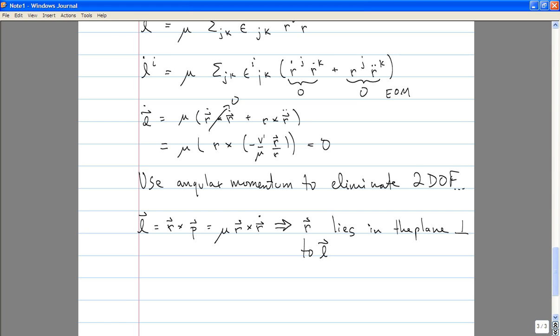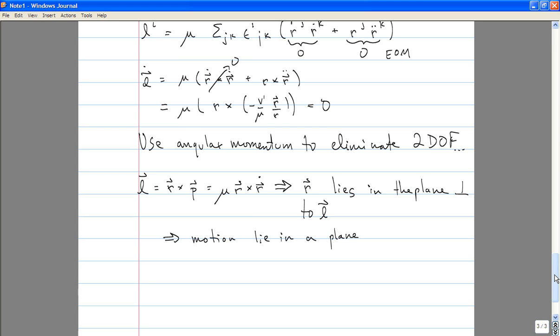R dotted into L is equal to 0. So that means that the vector r always lies in a plane. The conservation of angular momentum means that all of the motion will lie in a plane. And it's the plane that is perpendicular to the angular momentum vector.